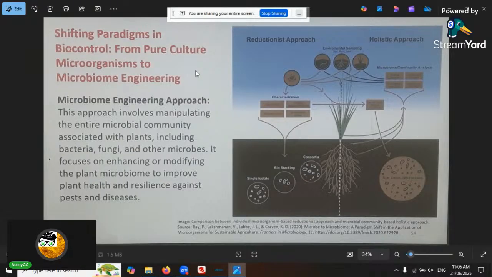Shifting paradigms in biocontrol. Microbiome engineering approach. This approach involves manipulating the entire microbial community associated with plants, including all the microbes as well. It focuses on enhancing or modifying the plant microbiome to improve plant health and resilience against pest and disease.